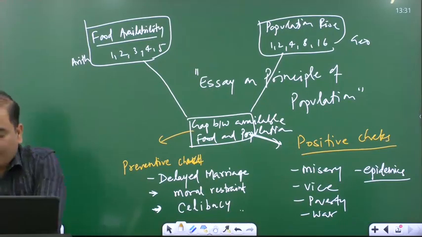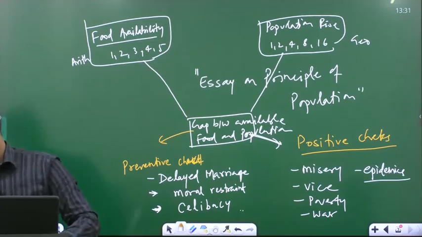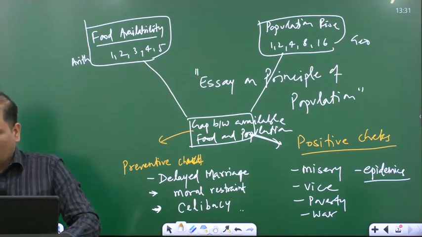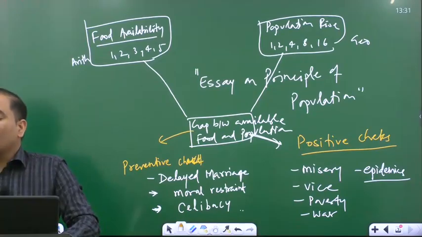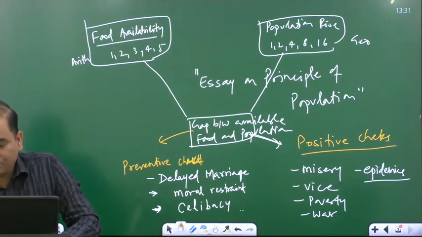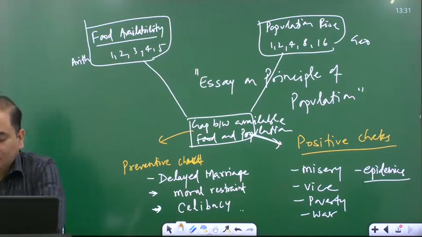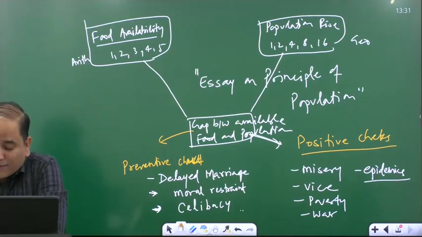First, food is necessary to the existence of human beings, and the population is necessarily limited by the means of subsistence.